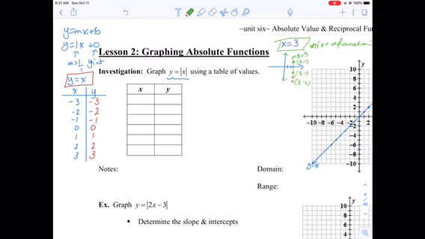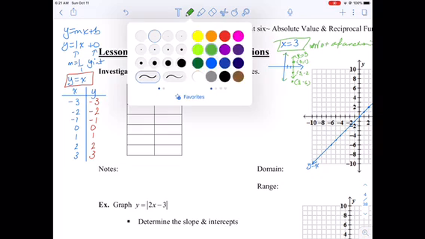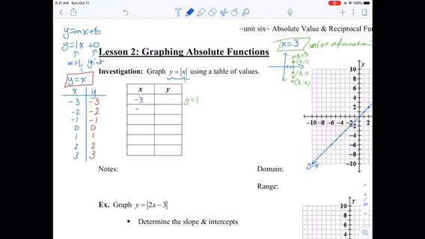So let's graph y equals the absolute value of x. My input here is x, and I want y equals the absolute value of x. Let's use those same values: -3, -2, -1, 0, 1, 2.